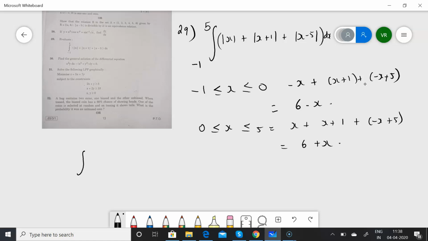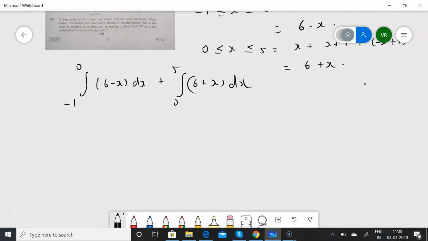So I can now integrate it as between the limits minus 1 to 0, 6 minus x dx plus 0 to 5, 6 plus x dx.